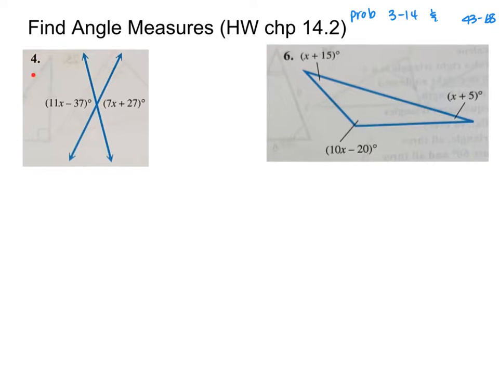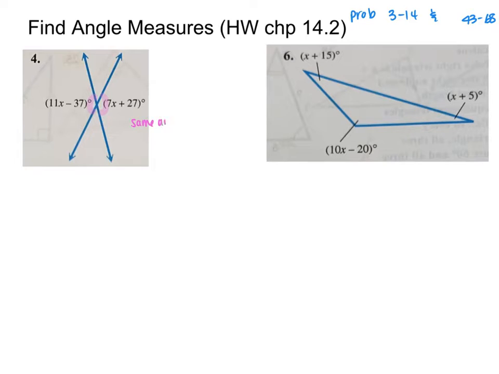So for number 4 in the homework, notice how we have these two angles, and we have to find the actual numerical value for the angle. It's written as an algebraic expression, but we have to find the actual value. We learned that when they are vertical from each other, they are the same angle, or their angles equal each other.